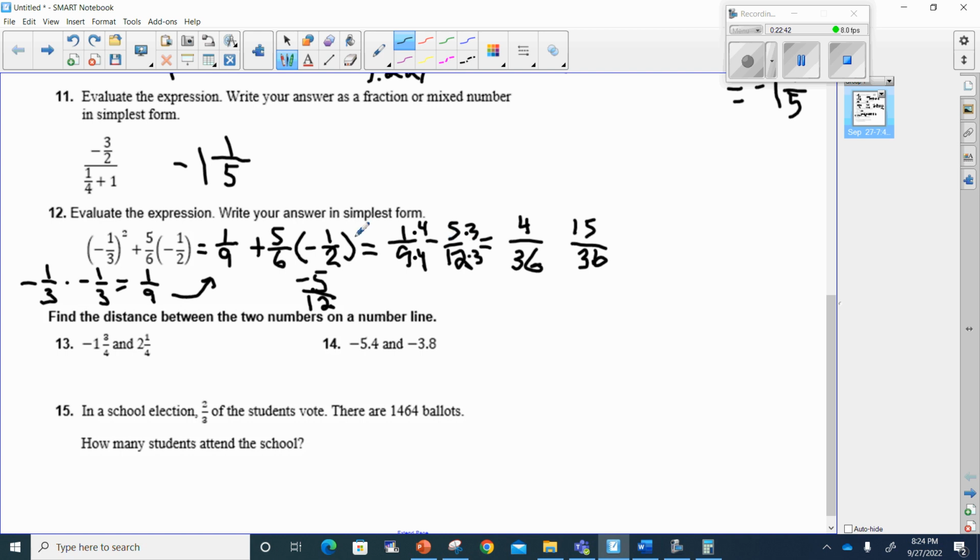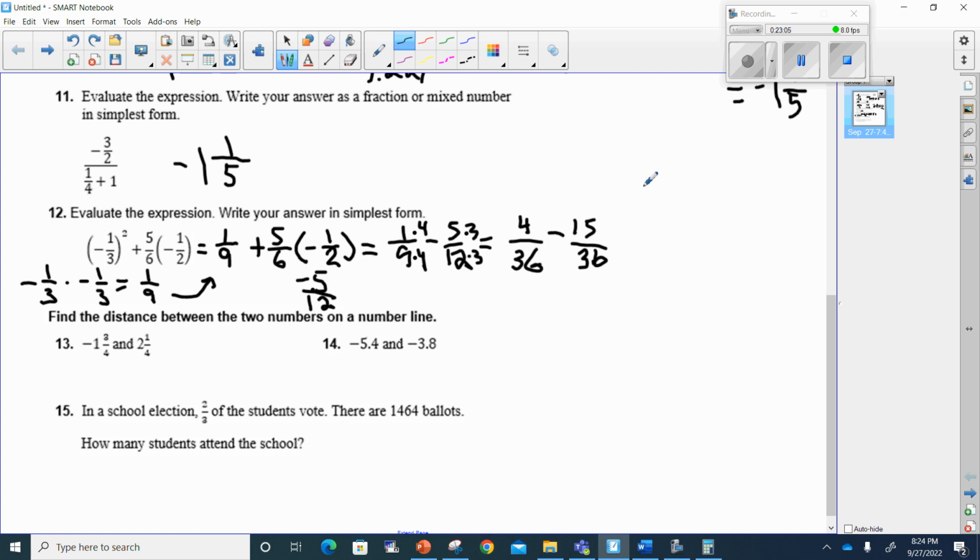And now remember, this was a 1 over 9. We multiply this, so this was negative. So this is going to be a negative 15 over 36. Now we have to go ahead and say we have two different signs. That means we're going to take the big number, right? We find the difference. When my signs are different, we find the difference.